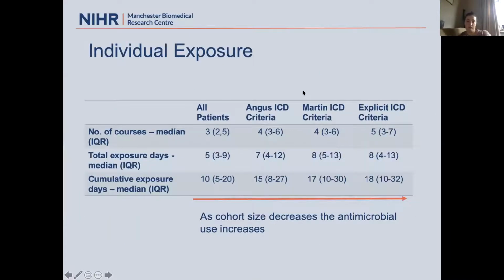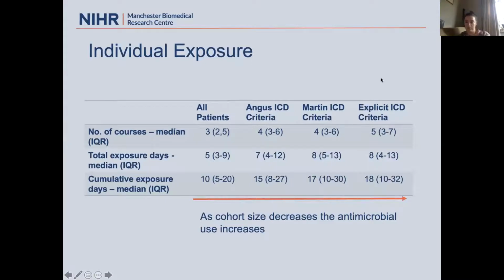So looking at the individual exposure, this table is showing the whole cohort and the subgroups and the 3 different measures of antibiotic exposure. You can see that the average number of courses does increase as the cohort size decreases.